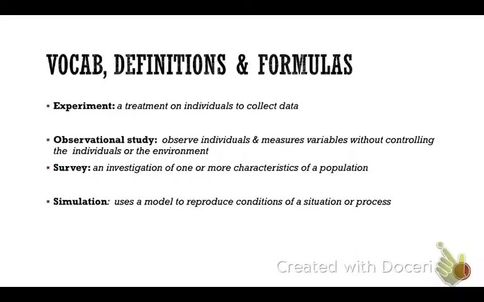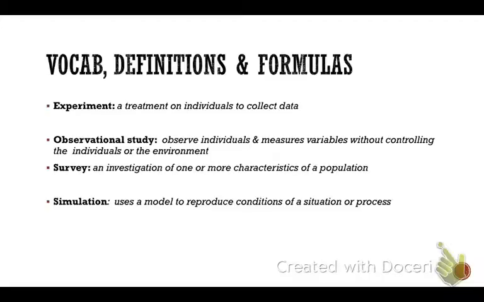Let's do one more group of vocabulary and definitions. So go back to that section in your notes. Now we're going to talk about different types of ways that we can study these samples, these subsets of the population. So you can do an experiment, which is where you have a certain treatment on individuals to collect data. You can conduct an observational study where you simply observe individuals and measure variables without controlling the individuals or the environment.